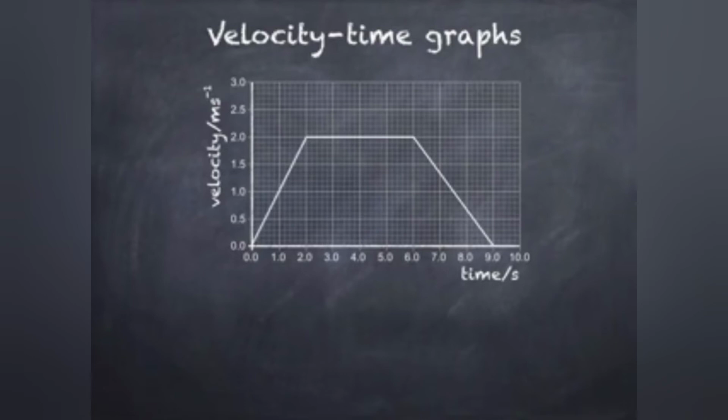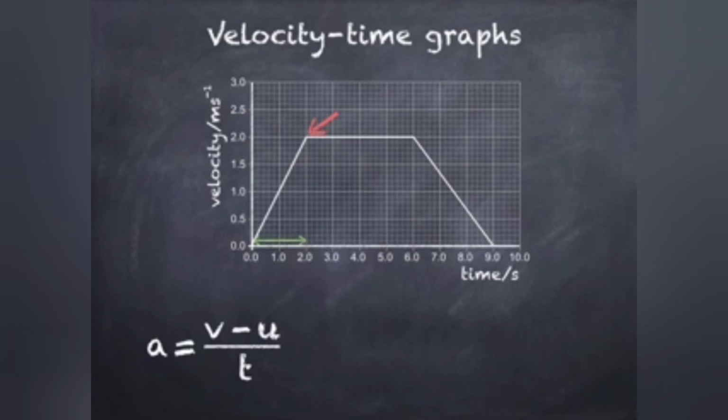We note that during the first 2 seconds, we observe a constant acceleration, which can be calculated using the formula a = (v - u) / t, where u is the initial velocity, v is the final velocity, and t is the time taken for the velocity change.